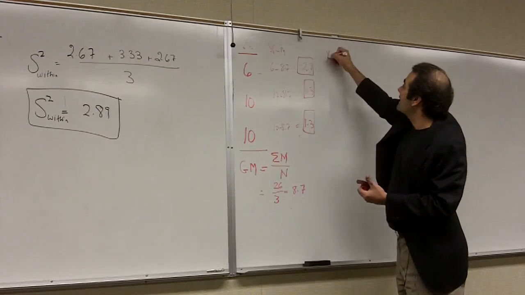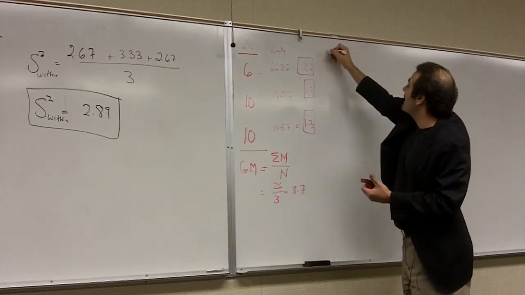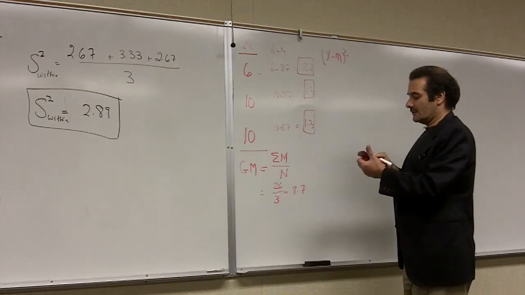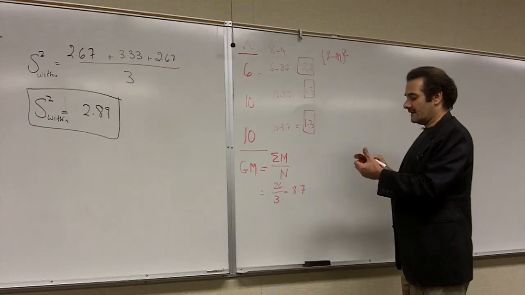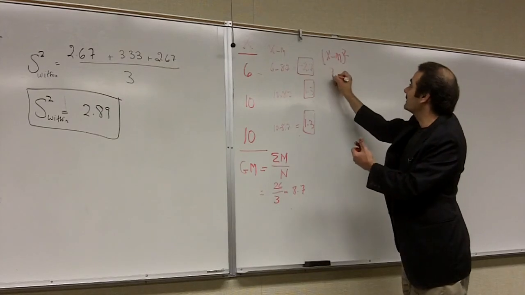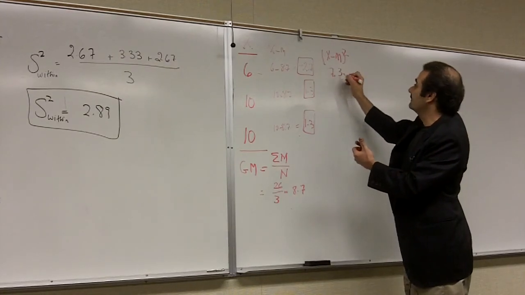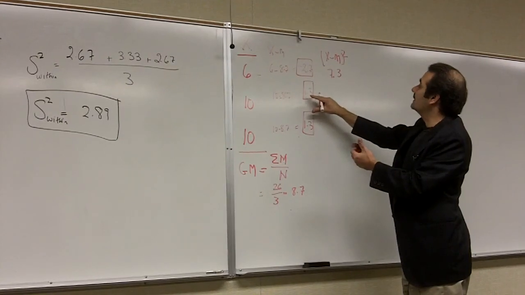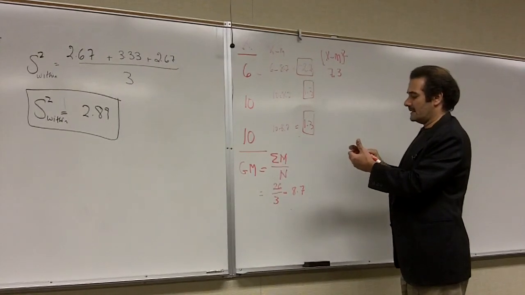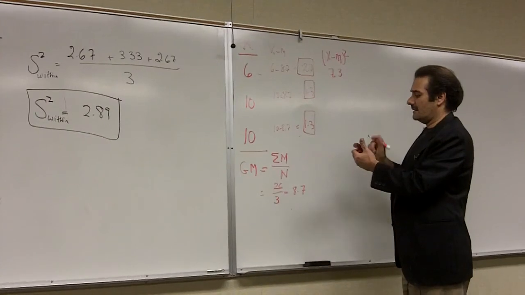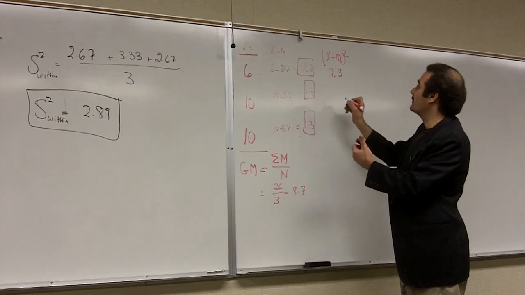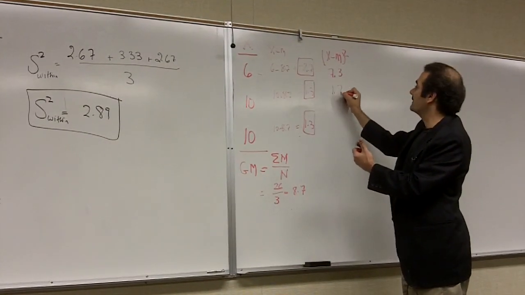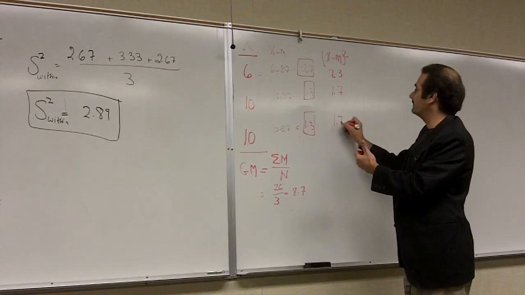Okay, so x minus m squared is equal to 2.7 times 2.7 gives us 7.3, and then 1.3 times 1.3 is 1.69 or 1.7, and this is 1.7.